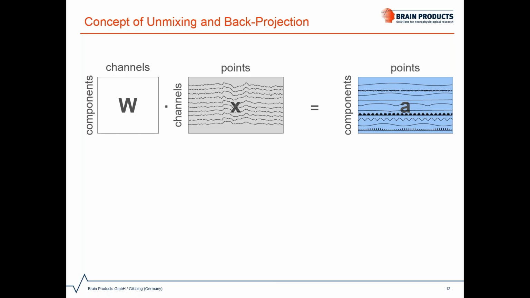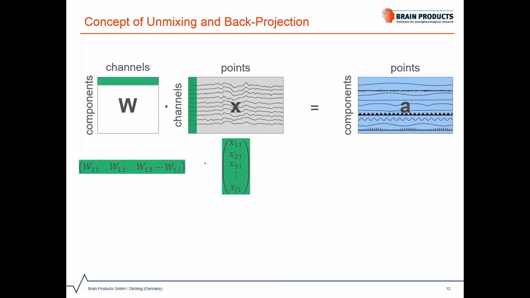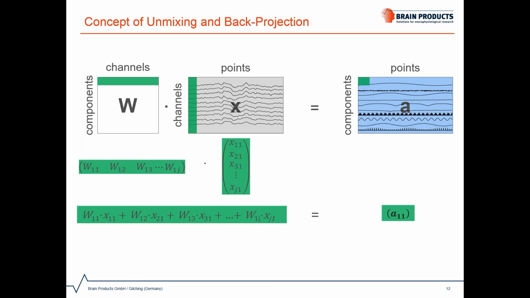This implies matrix multiplication. Thereby, the first row of the weight matrix, which contains one weight for each channel, is multiplied by the first column of the data matrix, which is the first sample point of each channel. These multiplied elements are then summed up, and they result in the first value of the first component in the component matrix.